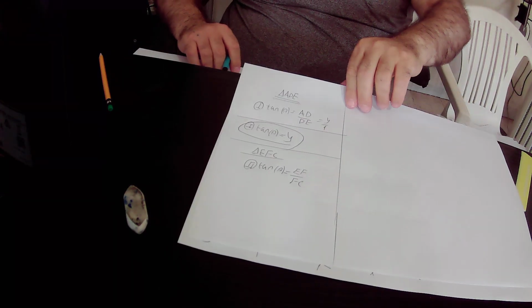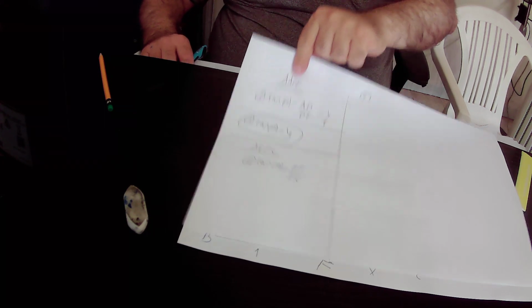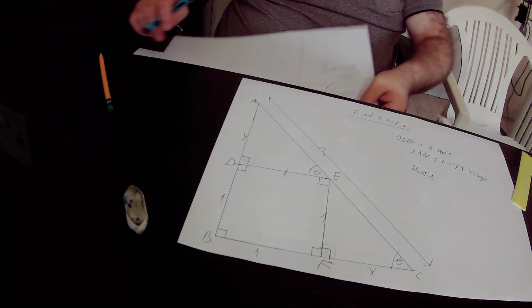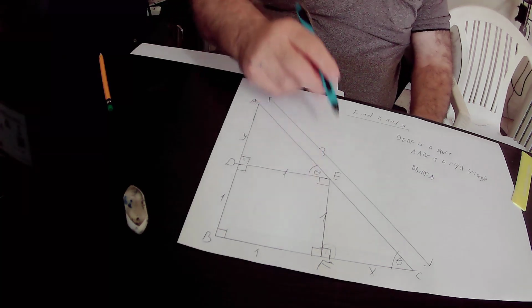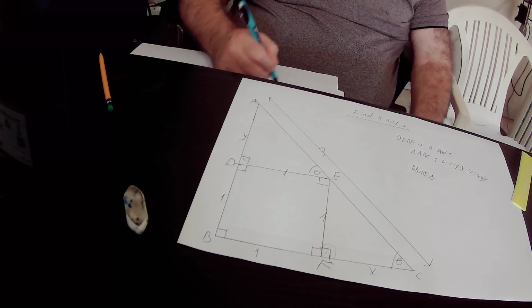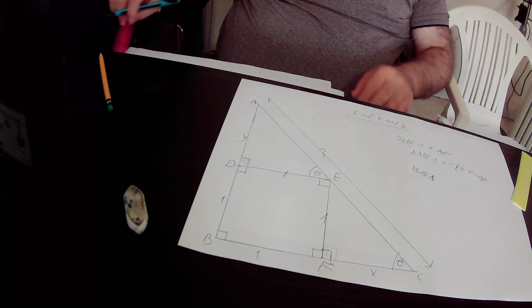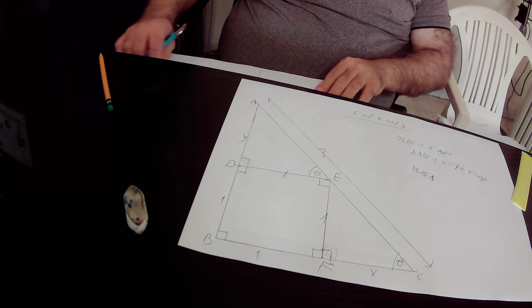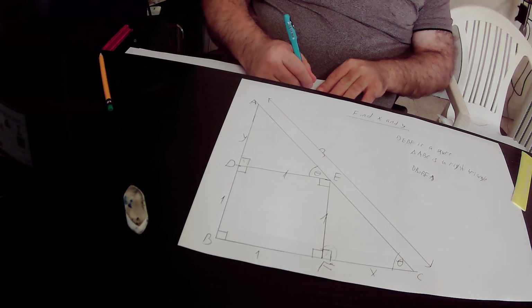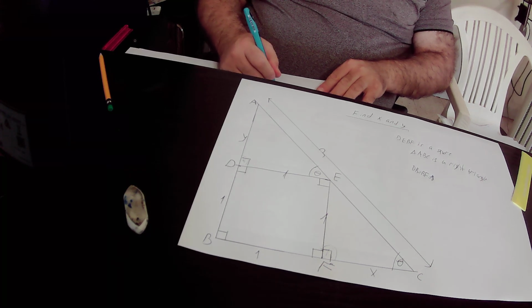On the right triangle EFC, tangent theta equals EF over FC. EF equals 1, FC equals X. So in conclusion, according to equation number 2, in triangle EFC, tangent theta equals 1 over X.